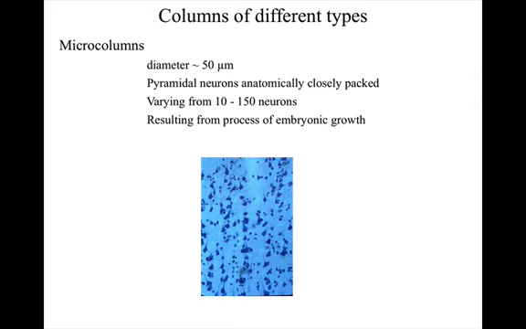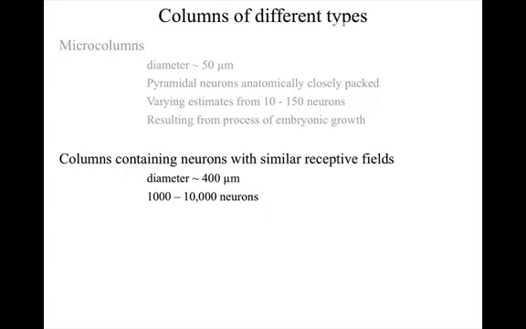In humans, these microcolumns vary in diameter from maybe 35 to 60 microns. But there are also columns that are formed by groups of 50 to 80 microcolumns that all have the same inputs and lots of short-range horizontal connections. And these columns vary between 300 and 500 microns in diameter.